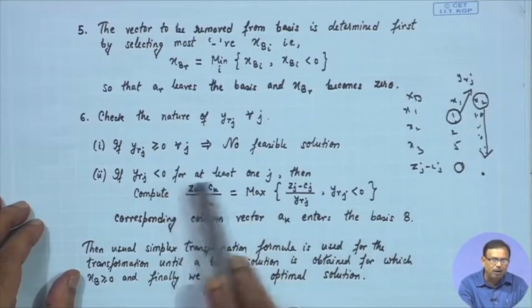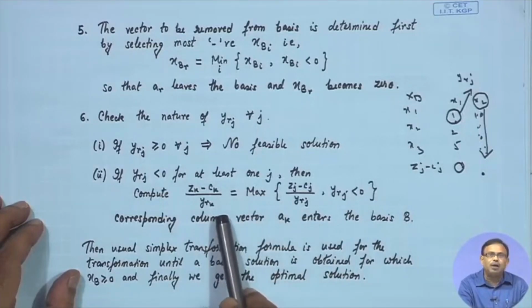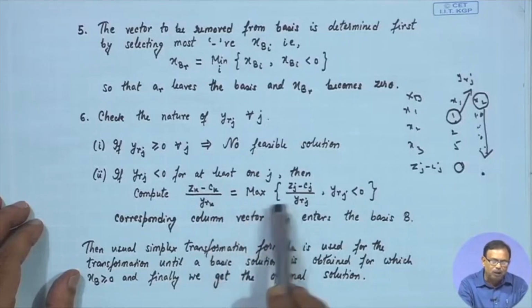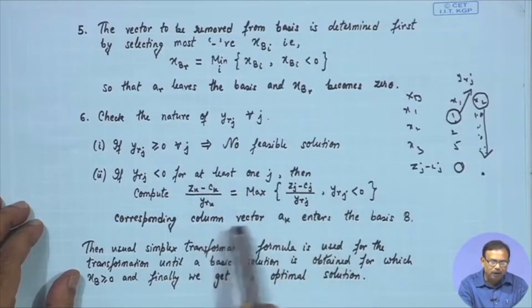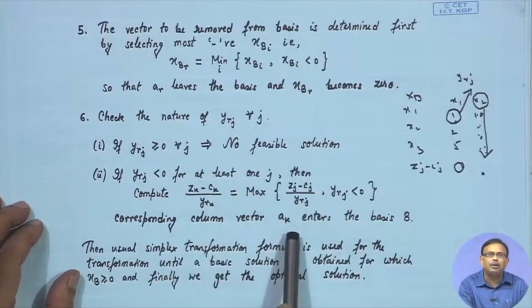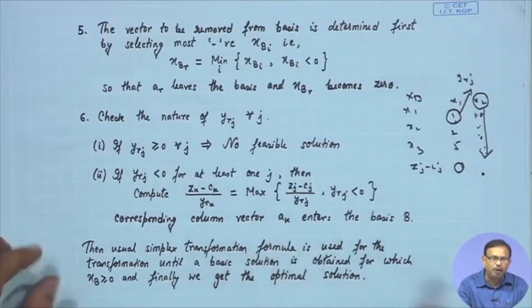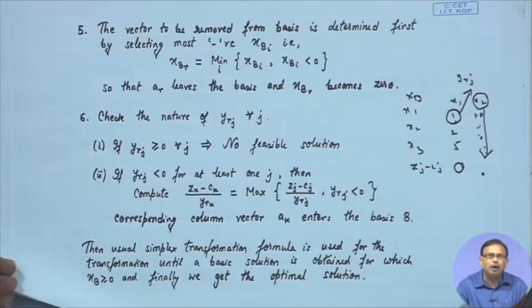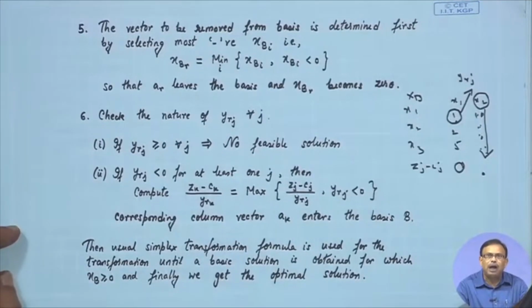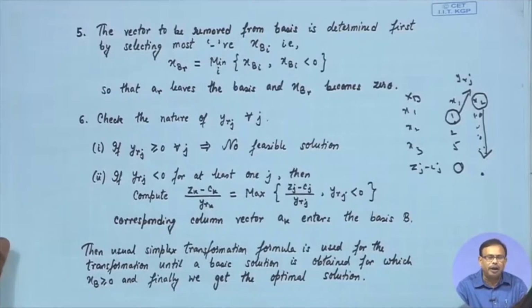Whereas, if y r j is less than 0, then we compute z k minus c k by y r k, equal to the maximum. In that case, the corresponding column vector a k will enter the basis, and I will repeat the steps until I obtain the optimal solution and it satisfies the feasibility condition, that is x b greater than or equal to 0.